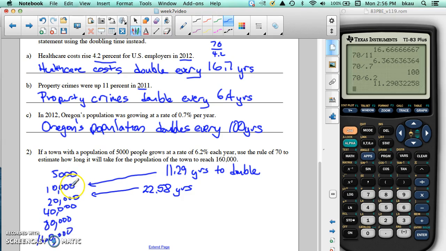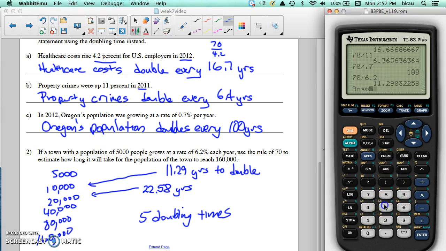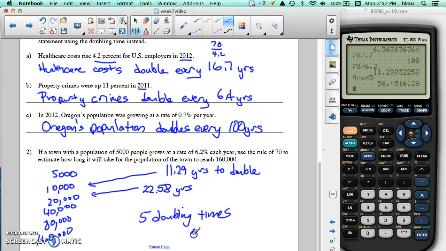So it's going to take 1, 2, 3, 4, 5 doubling times. All we do is take the 11.29 we already have and multiply that by 5, and that should give my answer. So we're going to say 56.45 years before it reaches 160,000 by using this estimation rule.